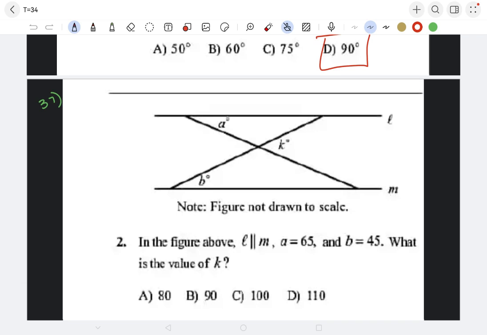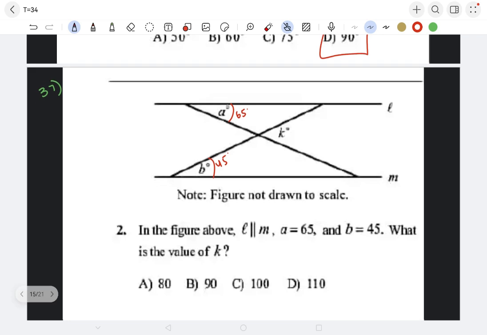Again, they have given us parallel lines. They are saying L is parallel to M. They are saying A is 65 degrees, B is 45 degrees. What is the value of K? Now we know there is a property. We can use the property as well, that the exterior angle is equal to the sum of the opposite interior angles.